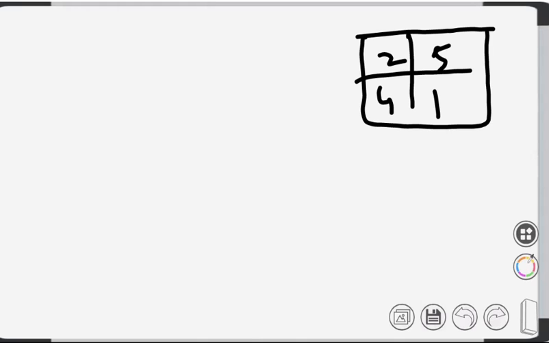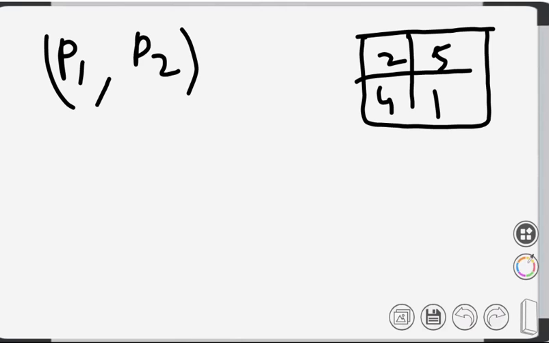Then simply we'll say A plays the strategies 1 and 2 with probabilities P1 and P2, and B plays the strategies 1 and 2 with probabilities Q1 and Q2.